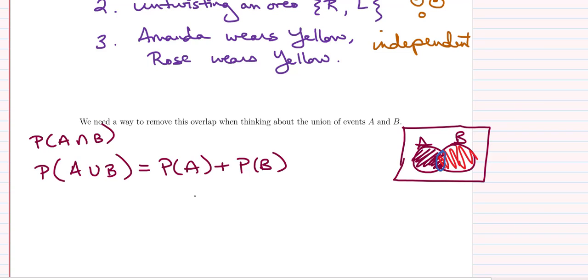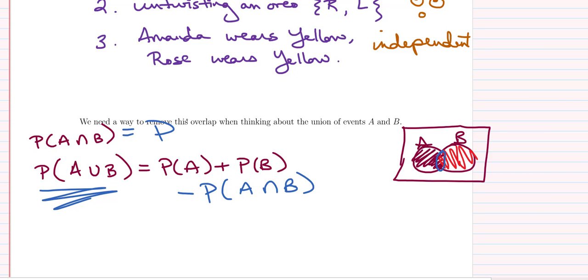So what we have to do now is subtract the probability of A intersect B in order to calculate this probability of A or B occurring. And remember, that is calculated as P of A times P of B when the events are independent. This is now our fifth rule of probability.